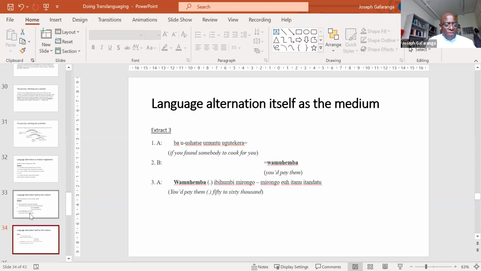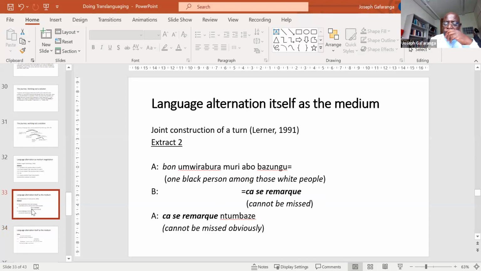Now, if you go back to number 1, Lerner says that in this structure, the prior component, the first component, projects where completion can take place. It also projects the form of the completion. If we then take language choice, the languageness of an item, as part of its form, we have a problem.